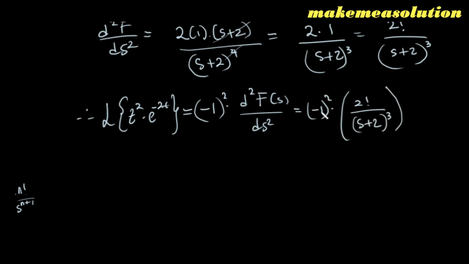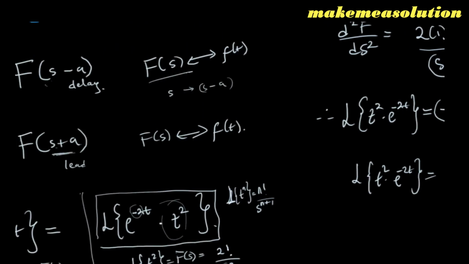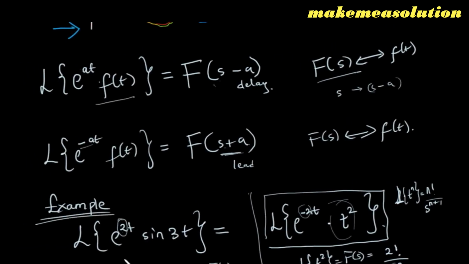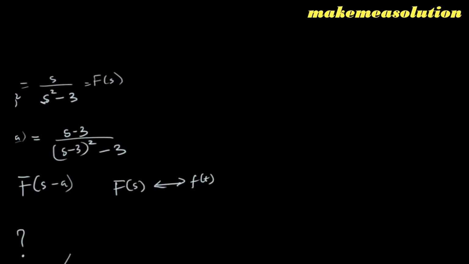So minus 1 squared is going to be 1. Is that okay? So at the end of the day, the Laplace transform of t squared exponential minus 2t is 1 times 2 factorial over s plus 2 cubed, which is 2 factorial over s plus 2 to the power of 3. And if you compare this with what we got earlier, you'll discover that it's actually unique. Okay, we got the same thing. So check it out.